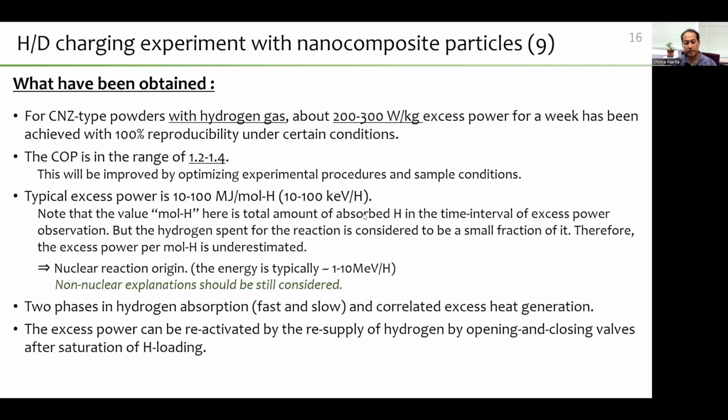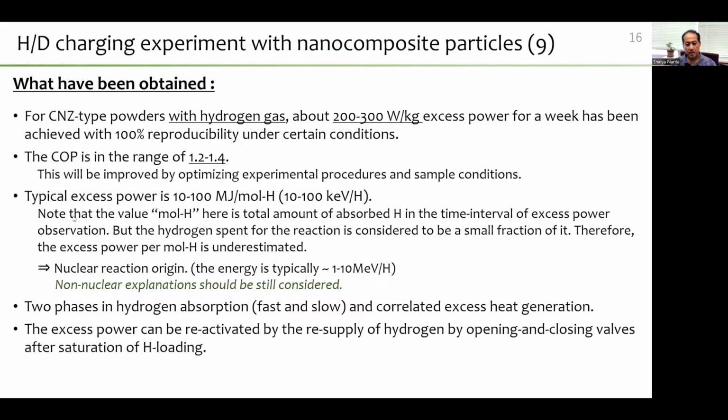Okay, so the following is the summary of what has been found so far in this study: the hydrogen and deuterium charging experiment with nano-composite particles. For synthesis type powder with hydrogen gas, about 200 to 300 watts per kilogram for a week has been achieved with 100% reproducibility under certain conditions. The estimated COP was found to be 1.2 to 1.4.